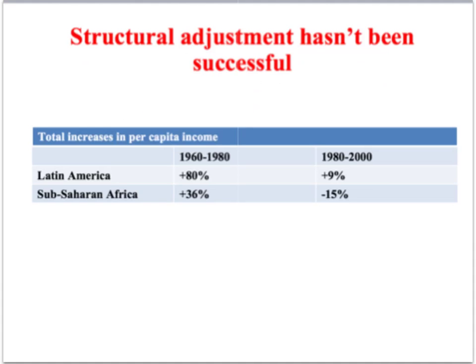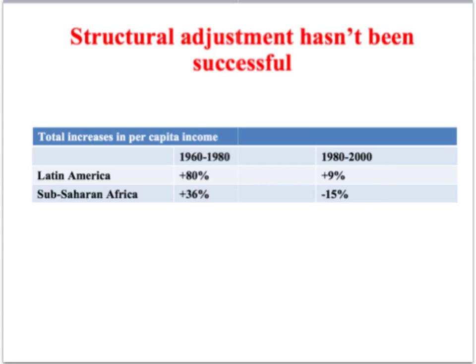So Chang argues that contrary to what is commonly believed, if we look at the performance of developing regions of the world, it was markedly higher in the period of state-led development and economic protectionism than it's been during the subsequent period of structural adjustment and free market policies.